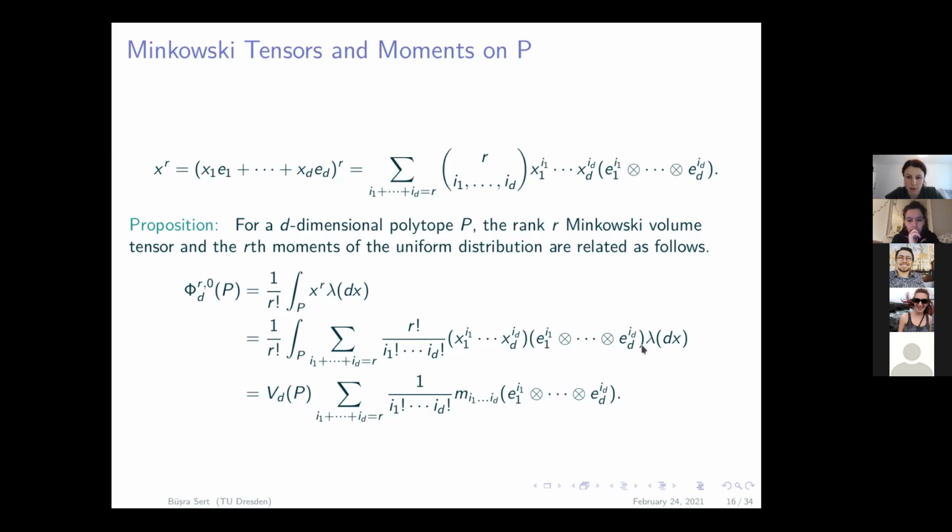And we have those unit vectors, and we take the sum over the partitions of R again. And we will have the volume of the polytope, because we had seen that for moments the expression was scaled with the volume of the polytope.